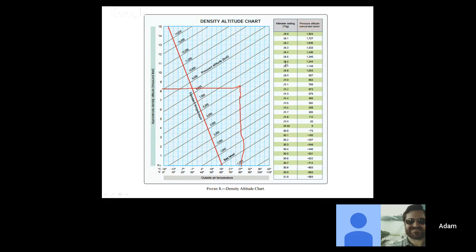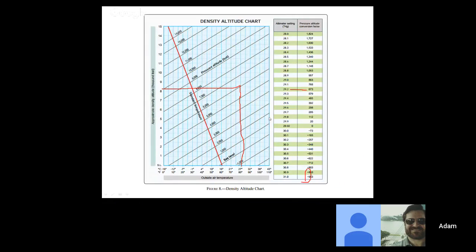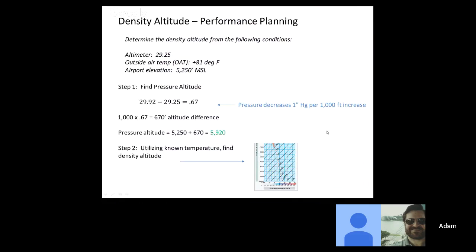You find your altimeter setting, 29.25, somewhere right here, and you've got an addition as opposed to a subtraction, an addition of 673, or whatever we came up with, 670. So you can do the tabular method or the math problem method.